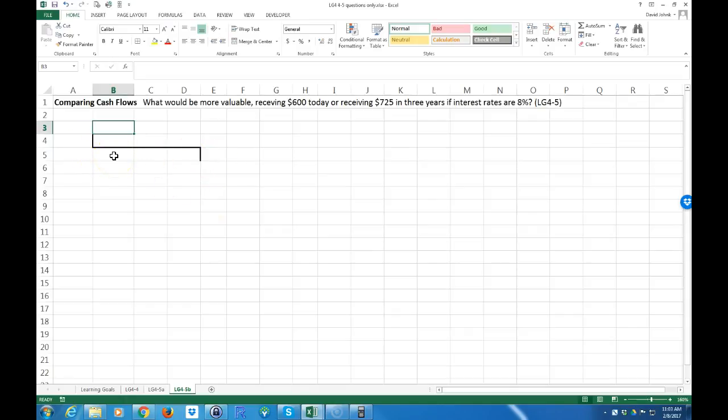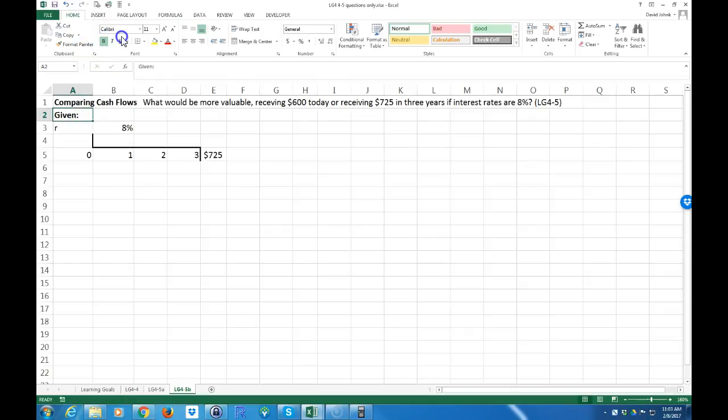If we have $725 that we're going to receive in the future, what's that worth to me right now? I can go here, 0, 1, 2, 3, and we'll go R. Interest rate is 8%, and that's what we're given.